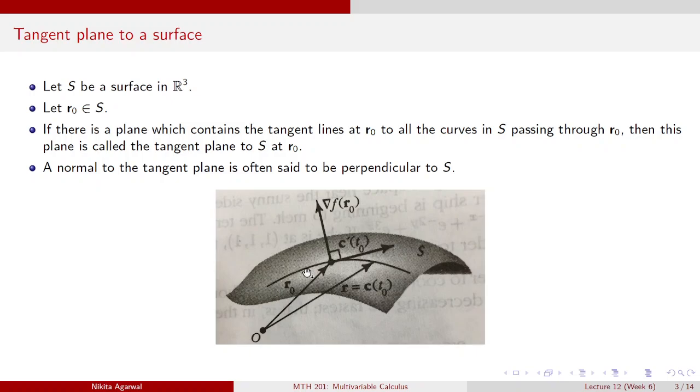Now this is one of the curves, right? C(t) is one of the curves. If you take any other curve, then again we will show that this is perpendicular to the tangent vector to any other curve. So what will happen is this gradient f at R0 turns out to be the normal to the tangent plane at the point R0 if you have a level surface.